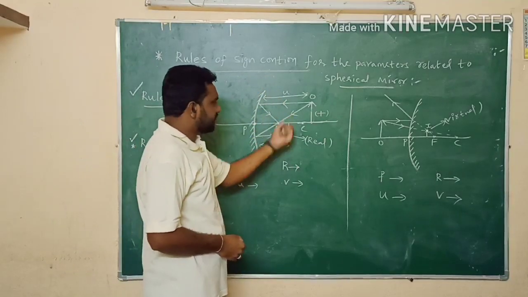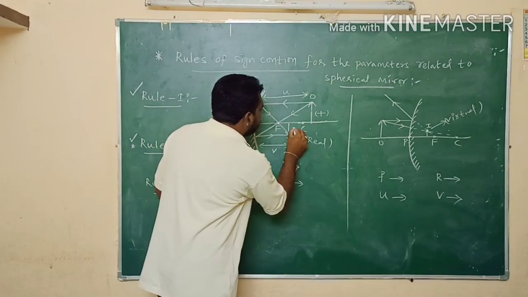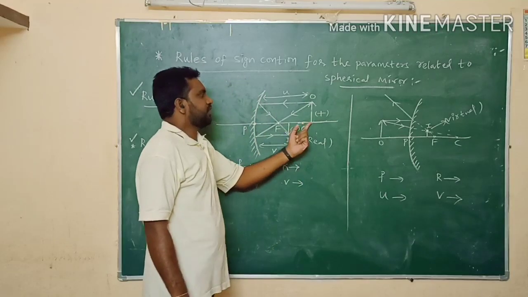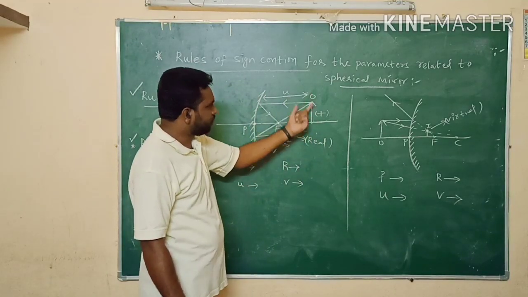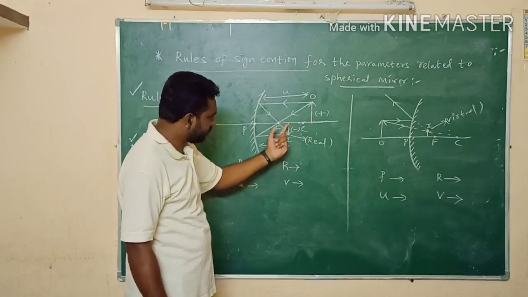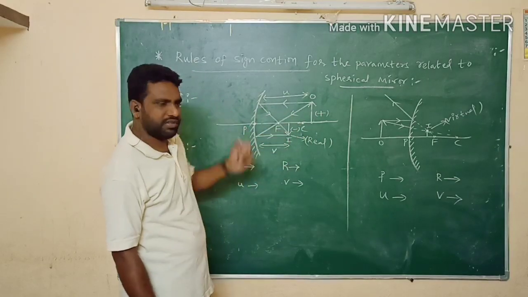But below the principal axis, if you measure the height, it becomes negative. That is the third rule.